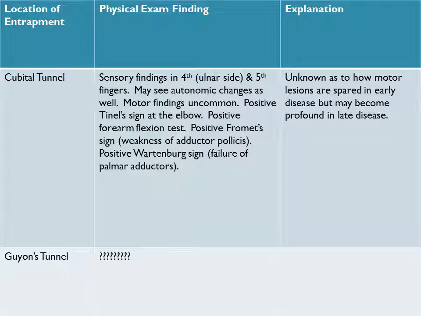And I remember back in chiropractic school, I was taught the Froment's sign, or the Froment's maneuver, to be done by placing a piece of paper, or sometimes a dollar bill, in between the thumb and the lateral aspect of the index finger, and asking your examinee to resist your attempt to pull the dollar bill or the piece of paper out from in between their thumb and index finger.